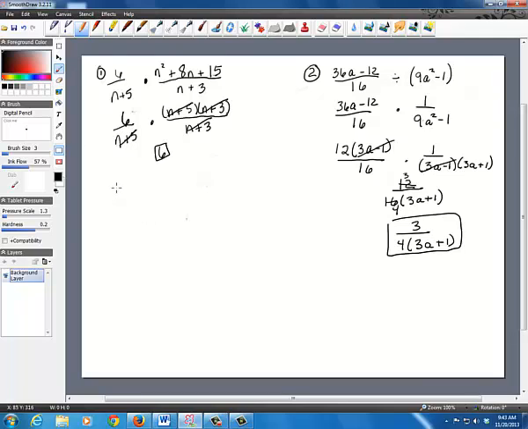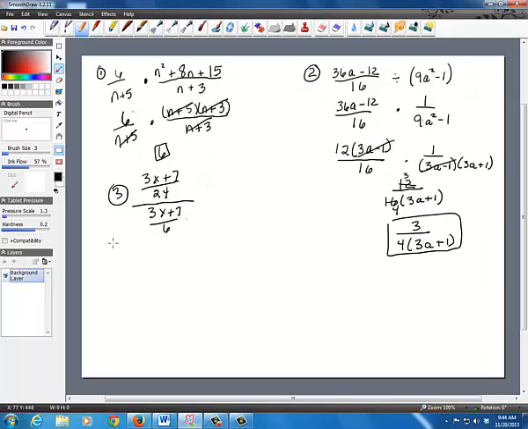Number 3 is a complex fraction, and it is 3x plus 7 over 24 divided by 3x plus 7 over 6.